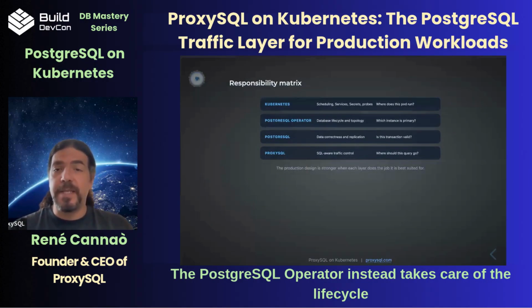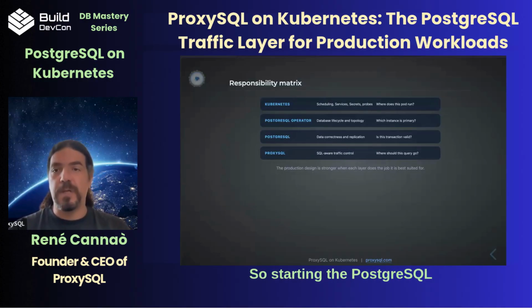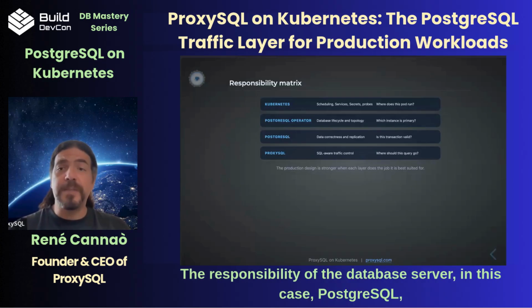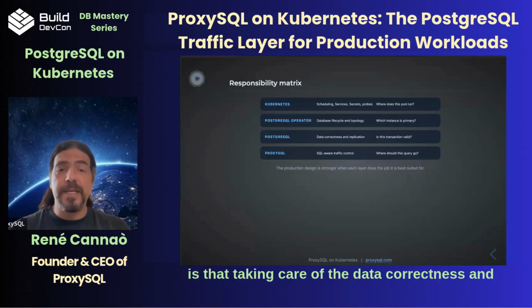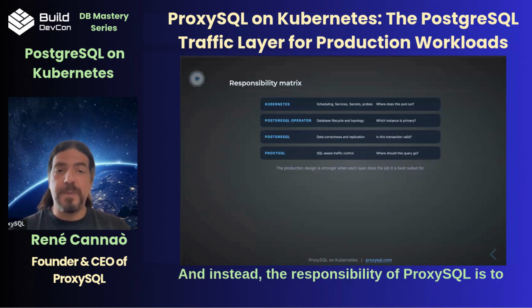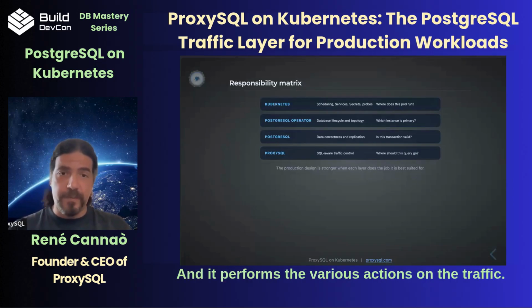The Postgres operator instead takes care of the life cycle of the Postgres cluster: starting Postgres servers, managing all the replicas, and taking care of failovers and so on. The responsibility of the database server, in this case Postgres, is taking care that the correctness and the replication are fulfilled. And instead, the responsibility of ProxySQL is to perform traffic control while being SQL aware. So it's able to understand the traffic and perform the various actions on the traffic.